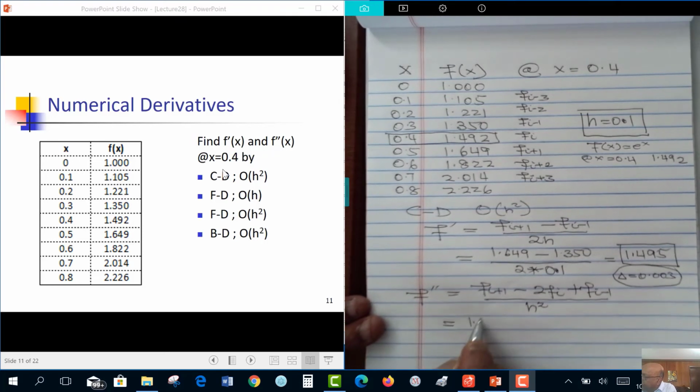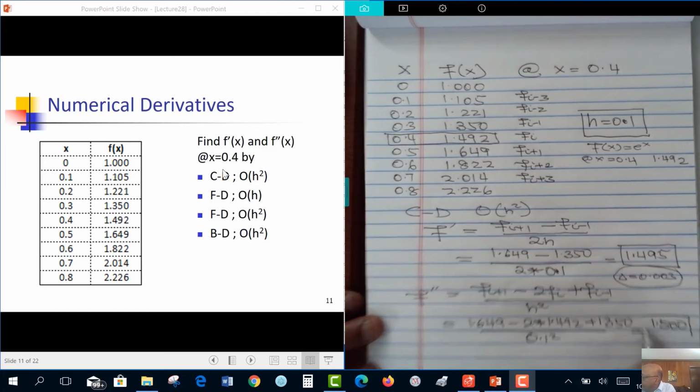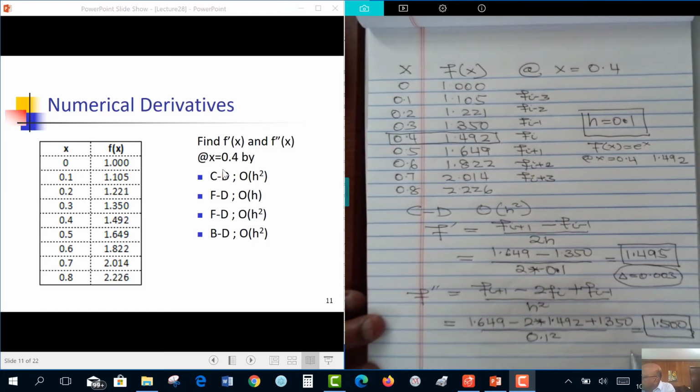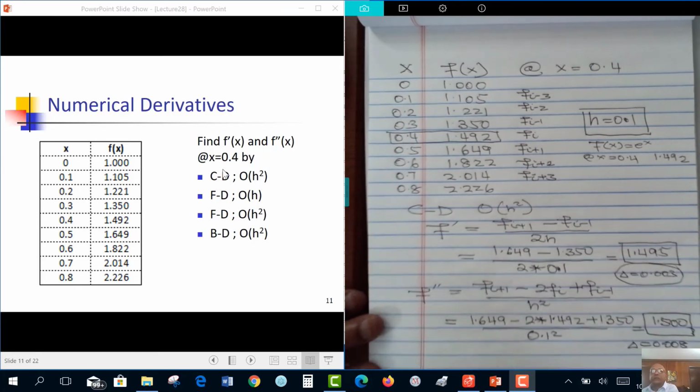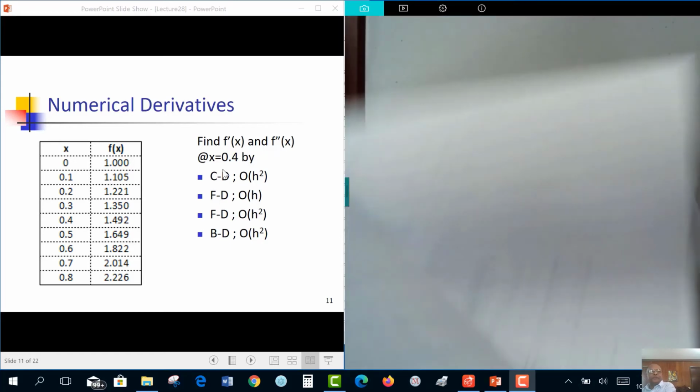So 1.649 minus 2 times 1.492 plus 1.350 over 0.1 square. And now we get 1.500. So our second derivative is actually farther away from the true value, right?